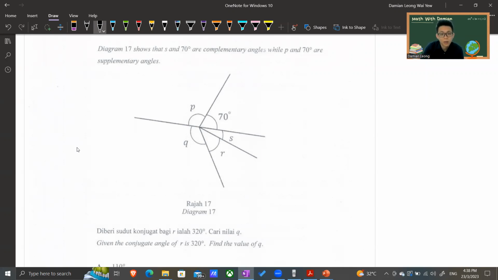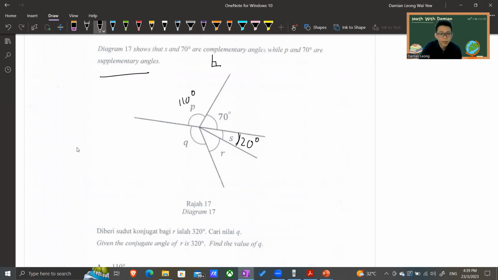S and 70 are complementary angles. Complementary adds up to 90. P and 70 supplementary angles, angles on a straight line. So this is a straight line. P is 110. S and 70 complementary angles. Here is 20 degrees. It's 110. This is 20.